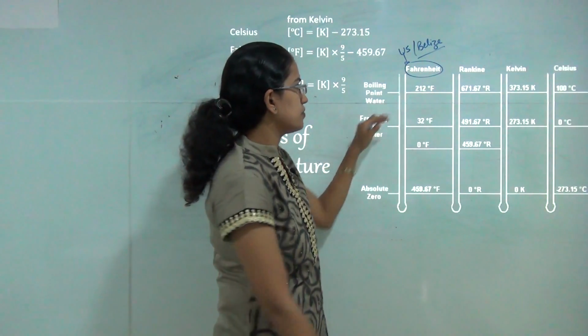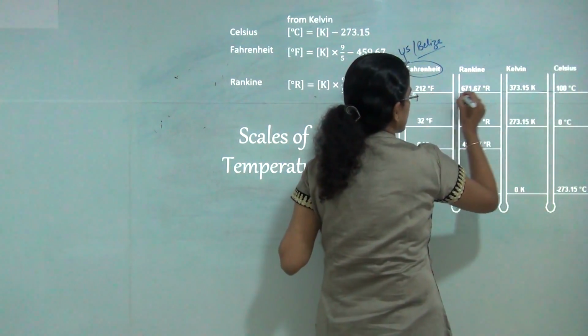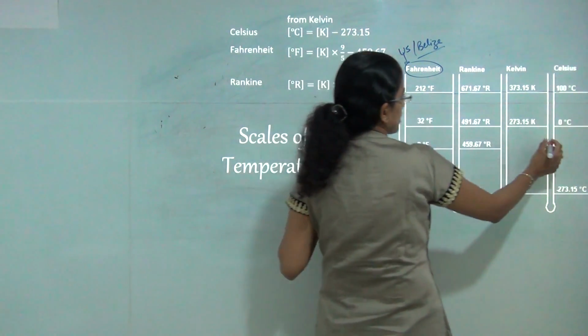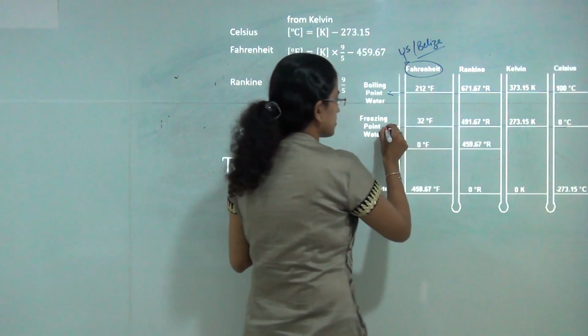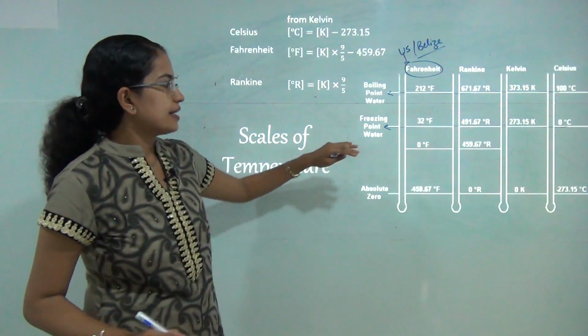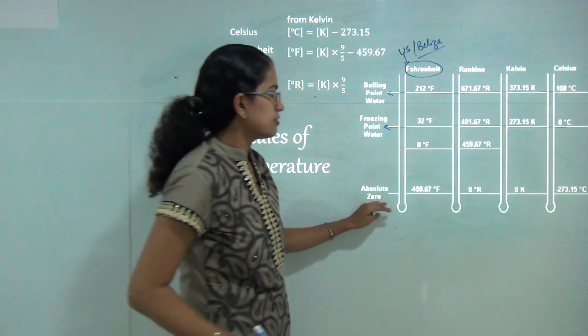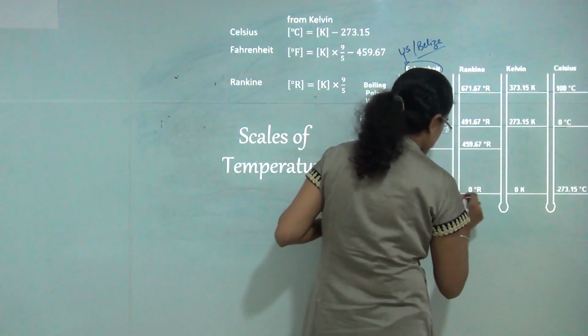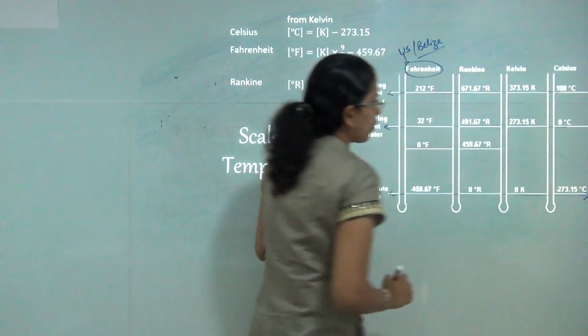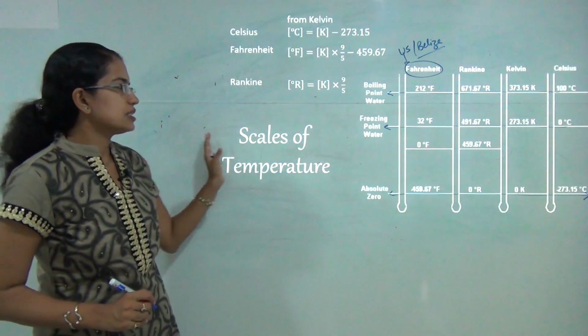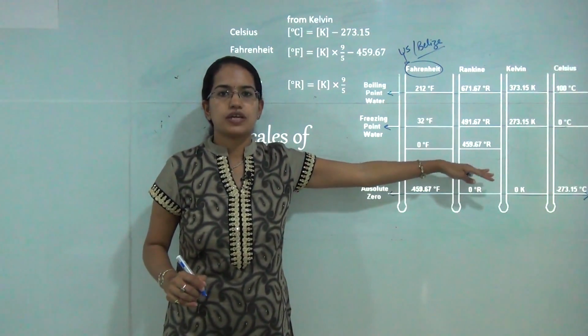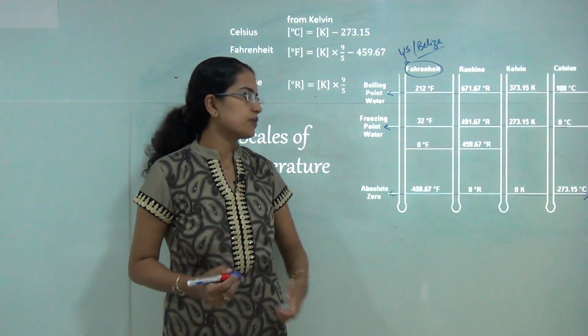You can see the equivalent of the boiling point and the freezing point on the different scales here, and this is the point where you have absolute 0 for all 4 scales. So this is a brief introduction to the various scales used for measurement of temperature.